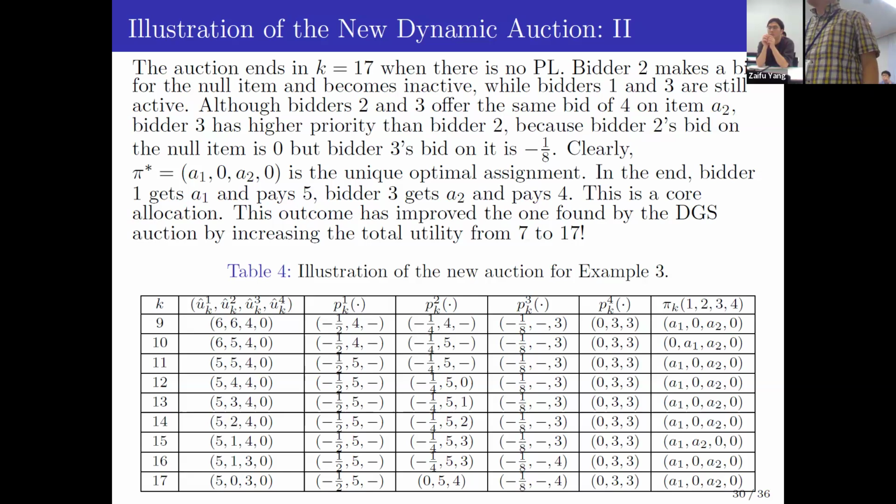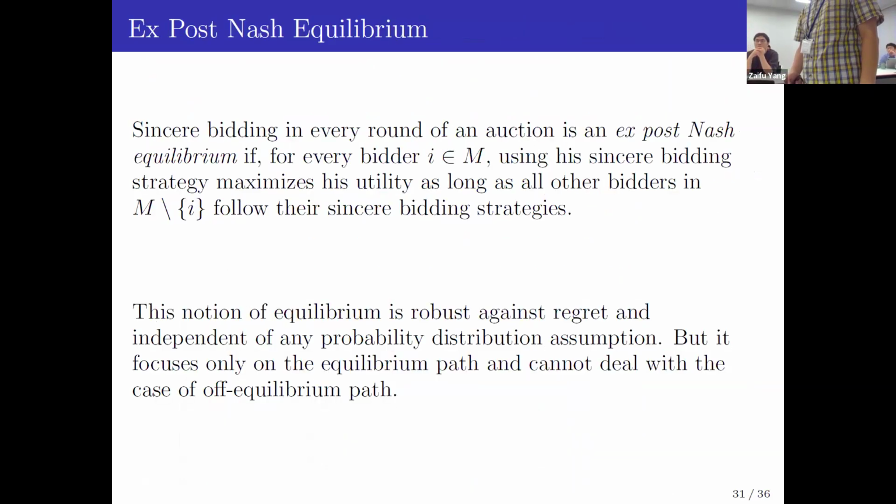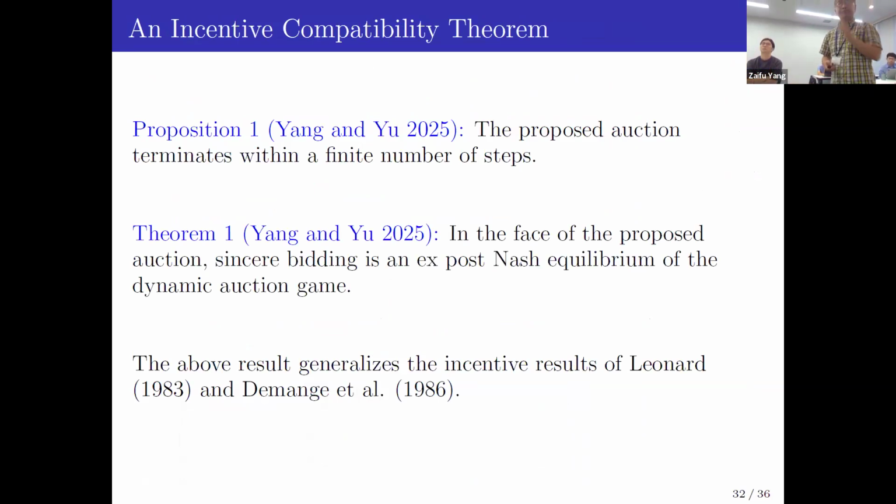Okay, is this clear? So we have equilibrium: sincere bidding will be an ex post Nash equilibrium. Let's look at what we have. Several theorems.